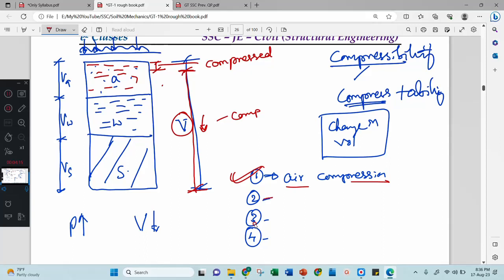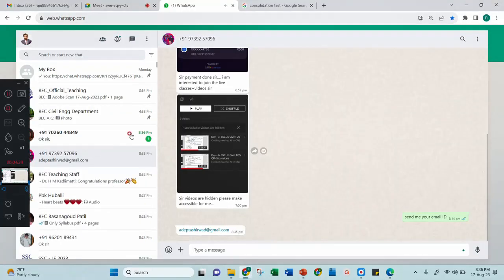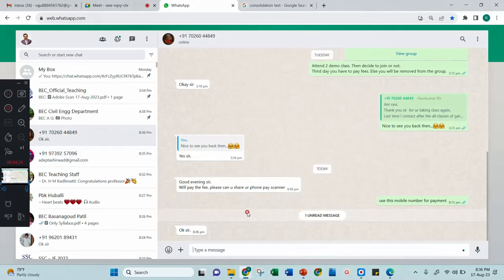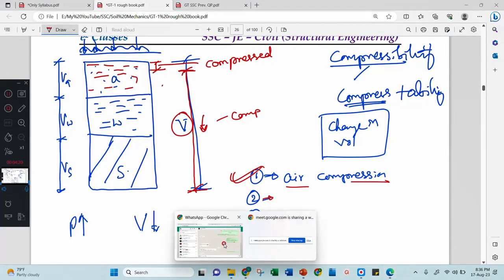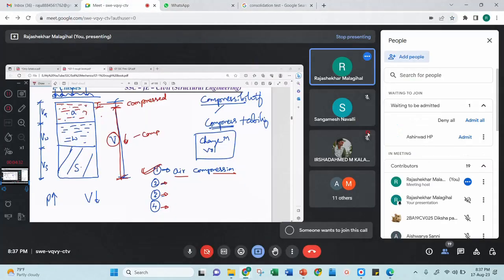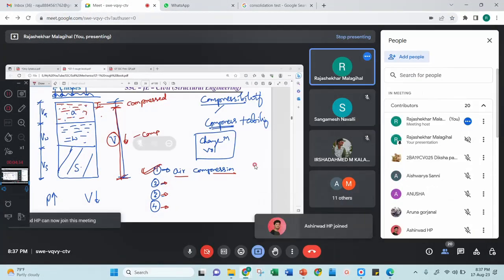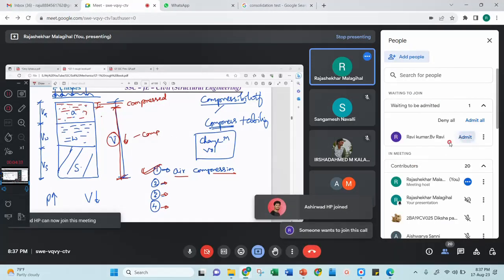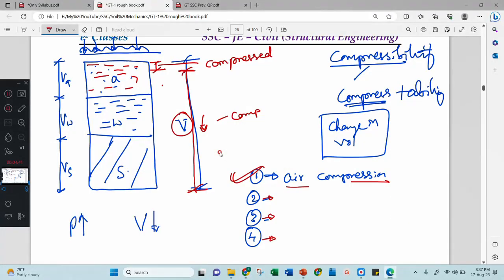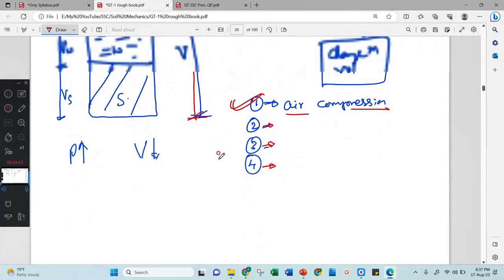Then can you give other reasons why the volume will decrease? There are four reasons. Can you name the other reasons? No? Okay, I will give the second reason.